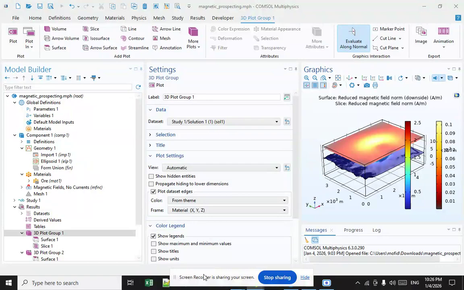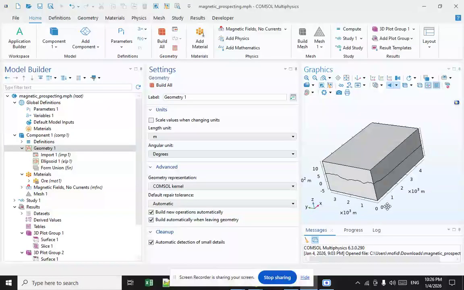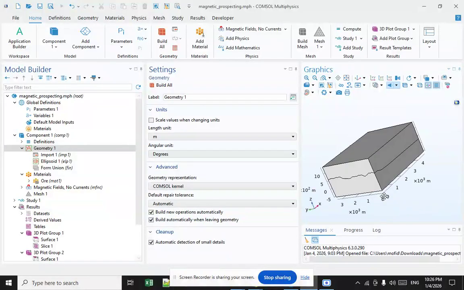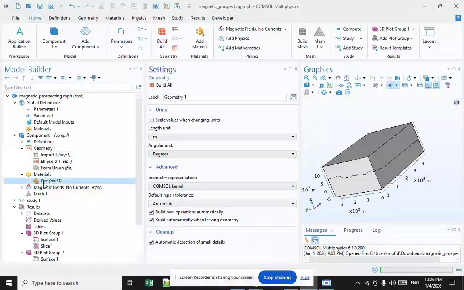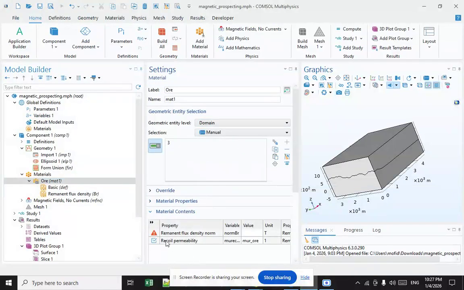And now here there is a COMSOL simulation. We can see the geometry and how we determine the rectangle here, and the material is iron ore with a remanent flux density norm and recoil permeability.